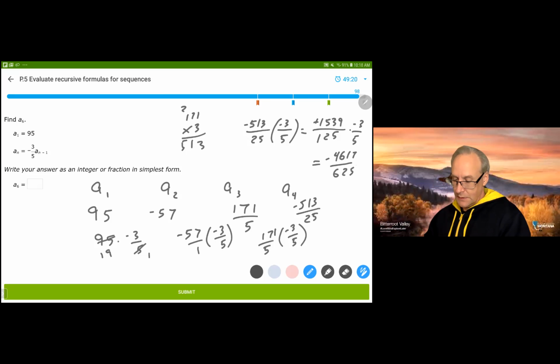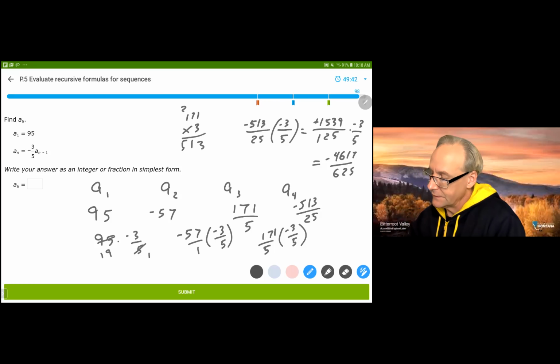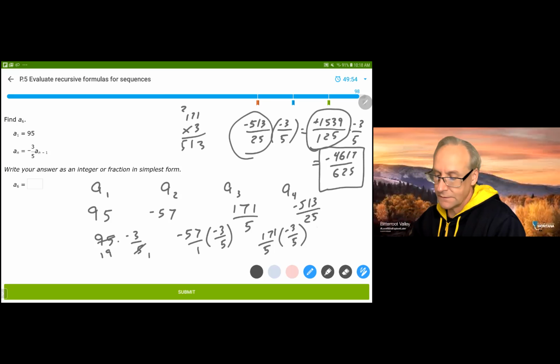So we have 513 times 3 is 1539 times 3 is 4617. Yep. And it is going to be negative 4617. Let's make sure. A4 is negative 513 over 25. And there's A5, which is that one. And so this one right here is A6.